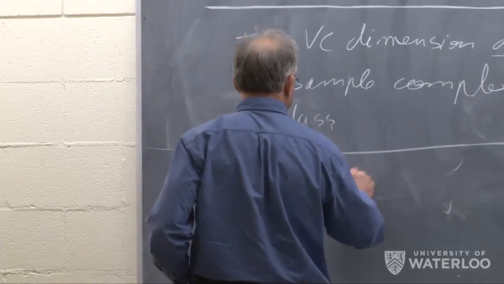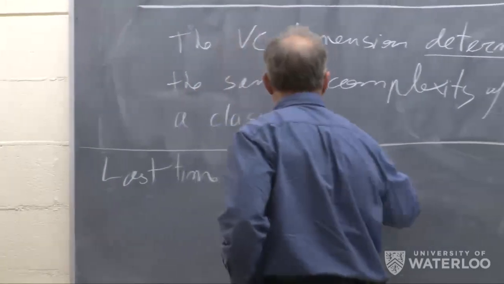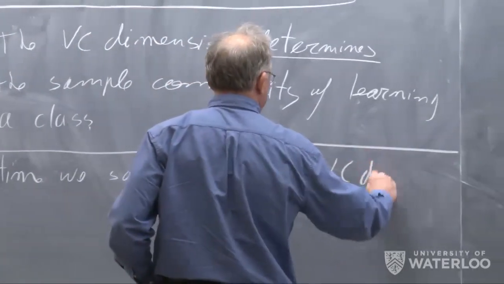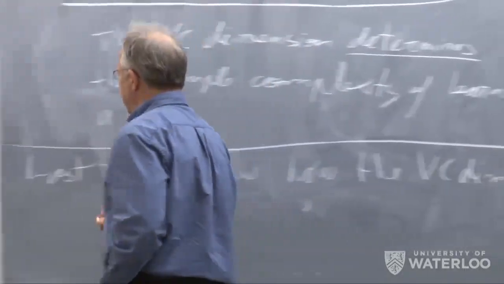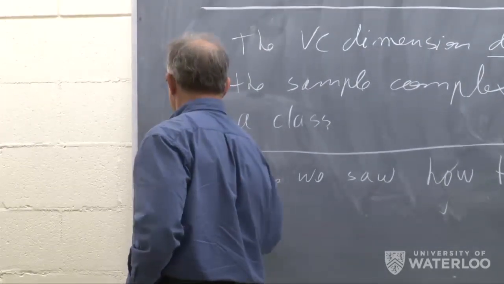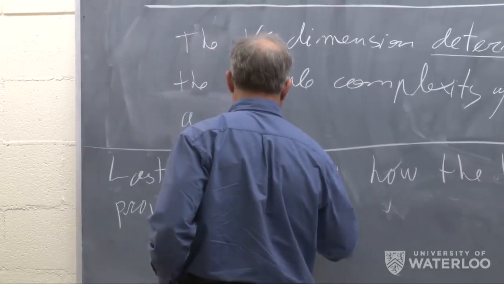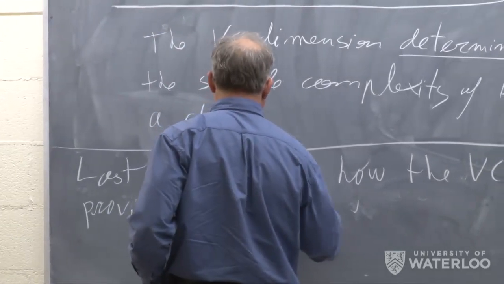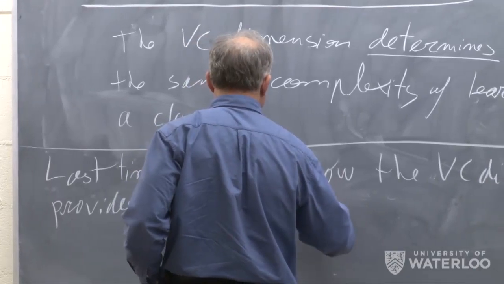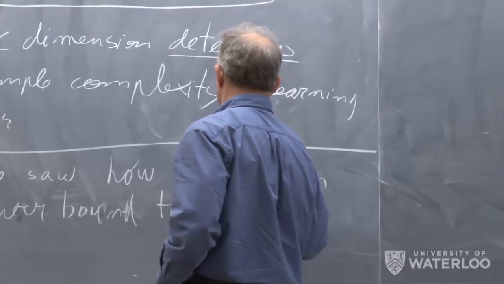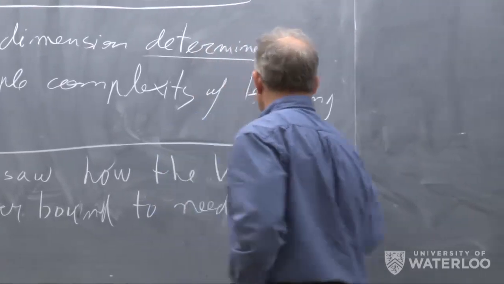So last time we saw how the VC dimension provides a lower bound to the needed sample sizes.